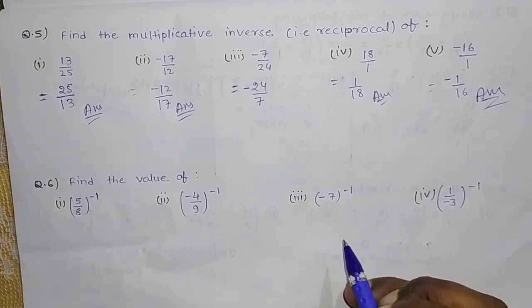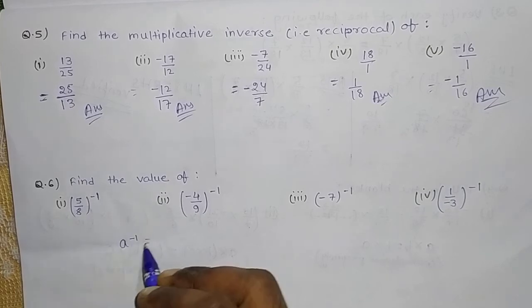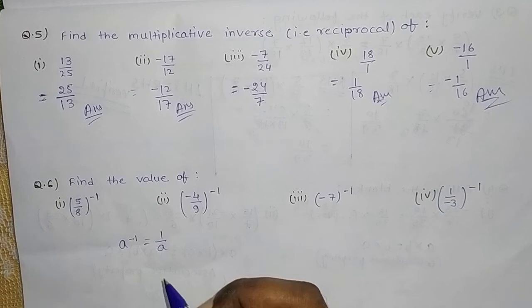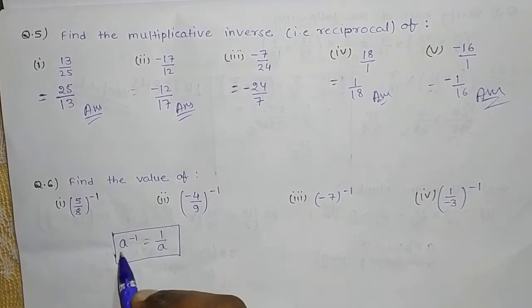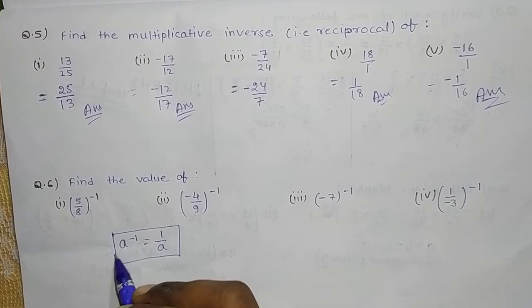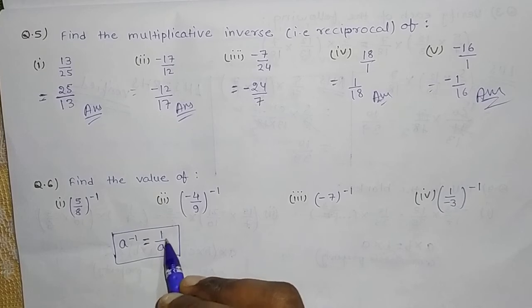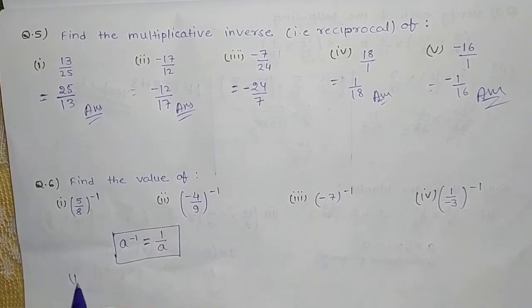So we know the property, that is a to the power minus 1 equals 1 upon a. This property is applied here. A is any number, and if a to the power minus 1, we can write 1 upon a simply. And here the minus sign is removed. Now question number 1. How can we solve this?